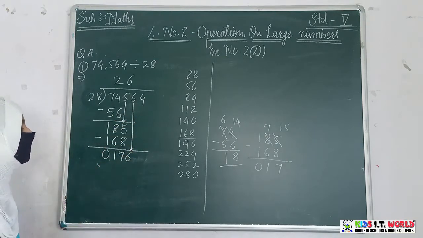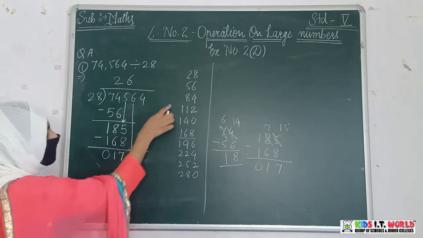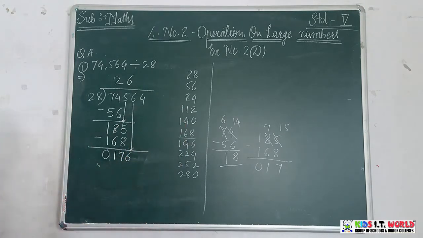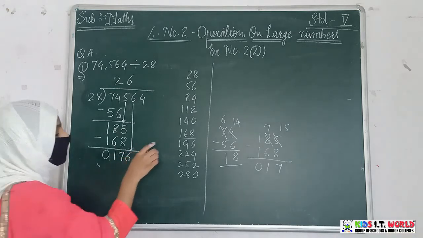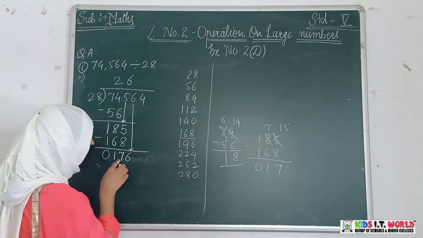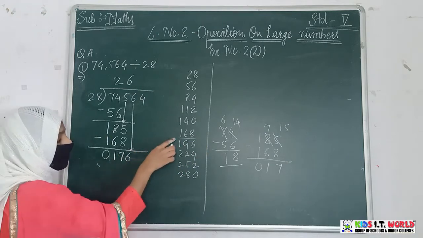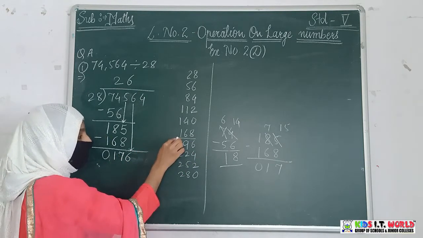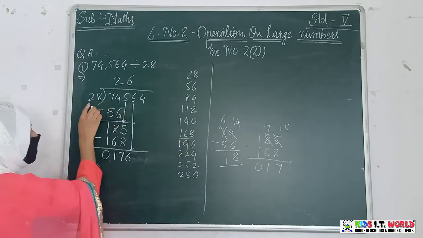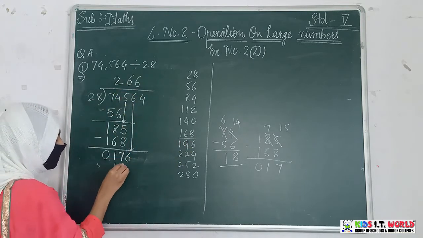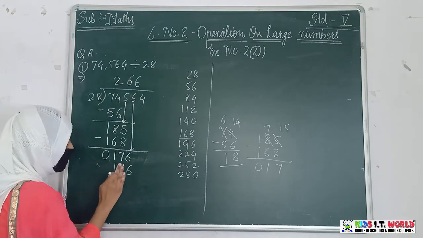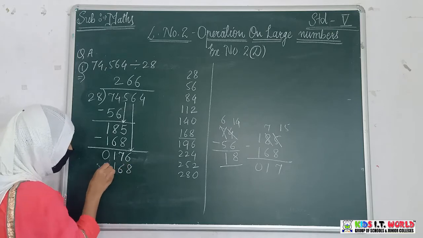It is 176. Now is 176 there in the table? No, it does not have 176. So less than 176, again it is 168. Less than the number 176 we have in this table 168. So we will take it. So 28 sixes are 168.